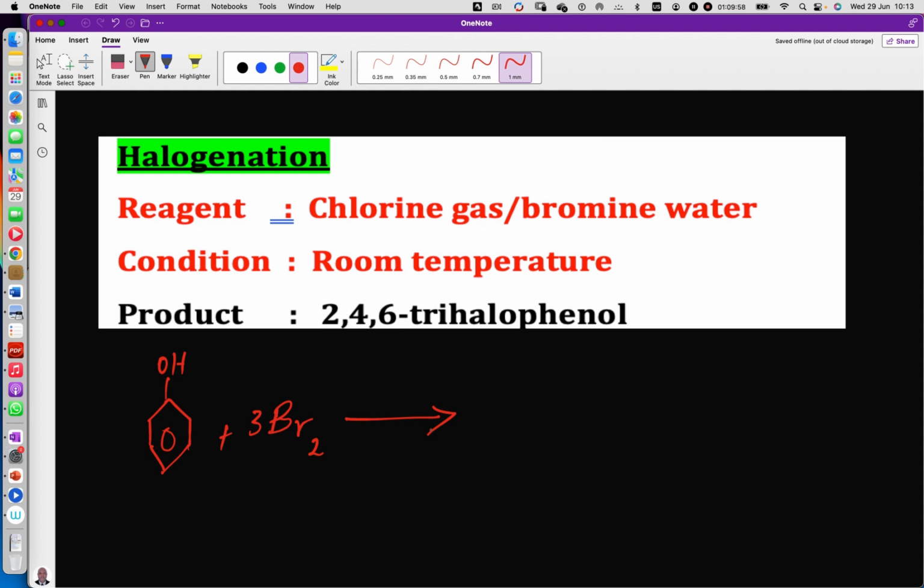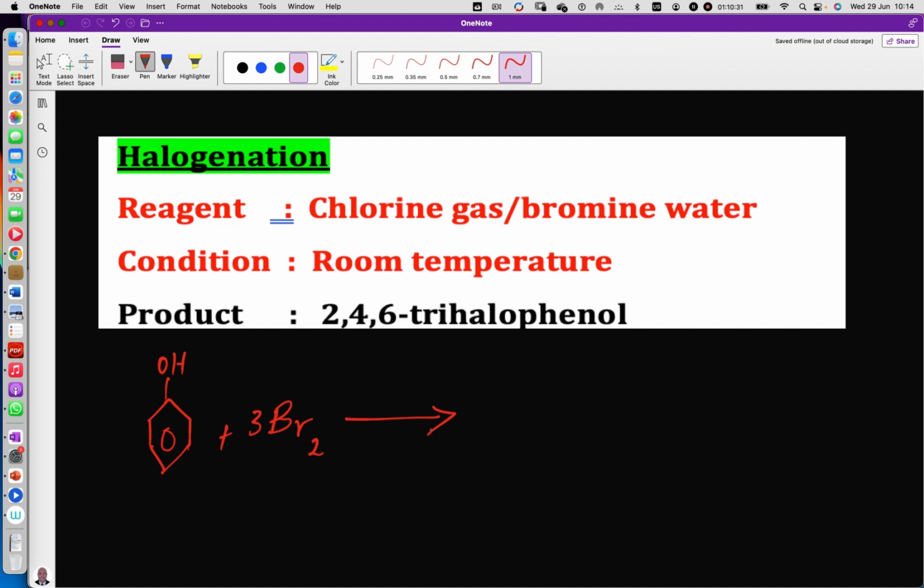So phenol does not need UV light or a halogen carrier like aluminum chloride or iron 3 chloride, which helps to catalyze the reaction, when reacting with any halogen.